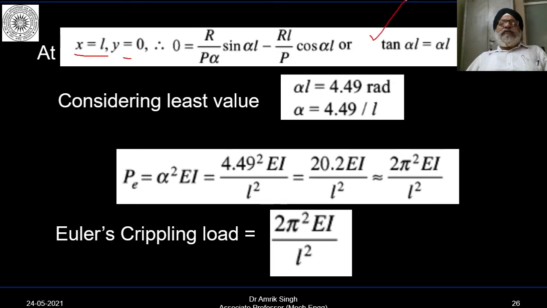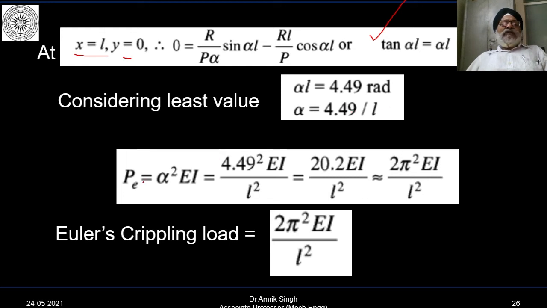So you will be left with only tan alpha L equal to alpha L. Now, considering the least value in this case for tan alpha L equal to alpha L, it is alpha L equal to 4.49 radian. So alpha is equal to 4.49 upon L.